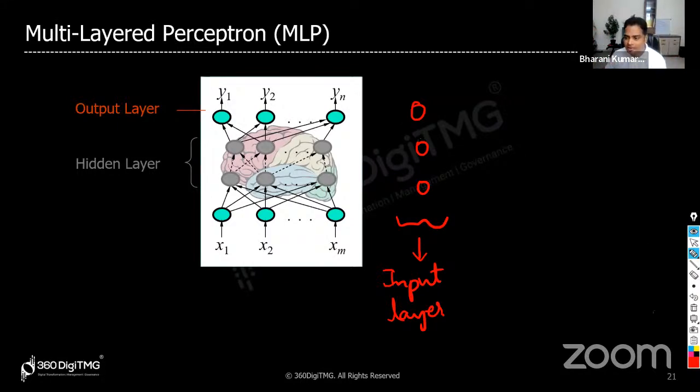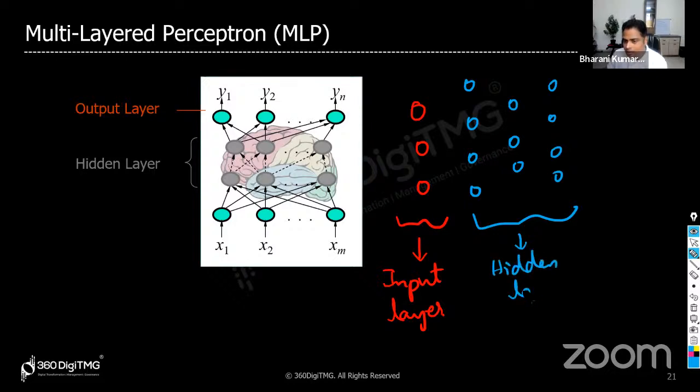And then we have hidden layers. You can have as many hidden layers as possible and as many neurons in the hidden layers as possible. There's no limit as such.